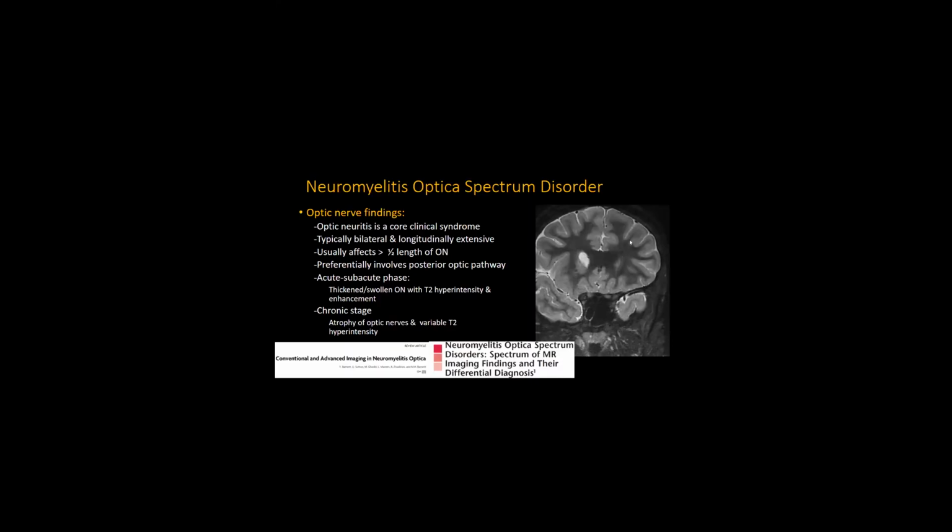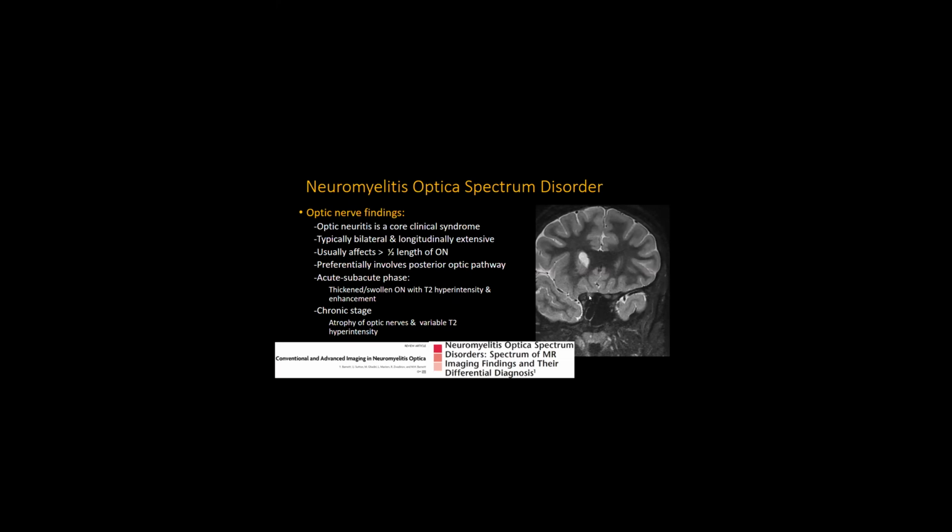So I'll just go over quickly some of the MR findings in NMOSD. Optic neuritis is a core clinical syndrome. Typically, the optic nerve involvement is bilateral and longitudinally extensive. It usually affects more than half the length of the optic nerve, and there's preferential involvement of the posterior optic pathway, basically the intracranial portion of the optic nerve, especially the optic chiasm.